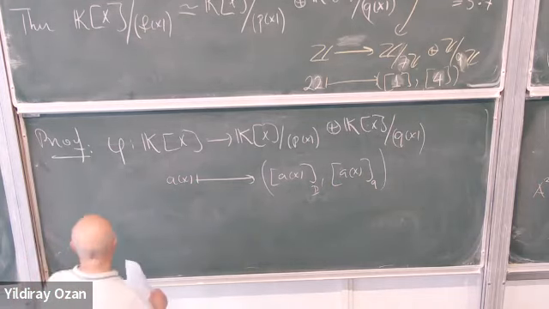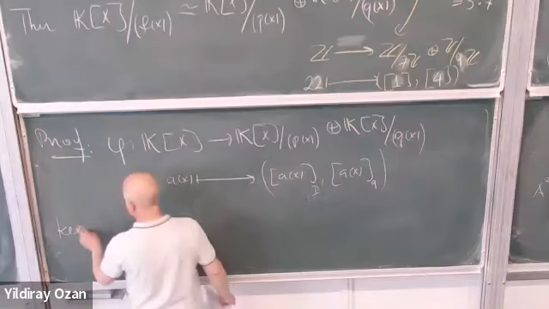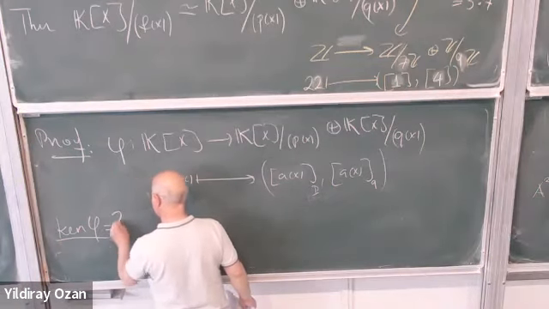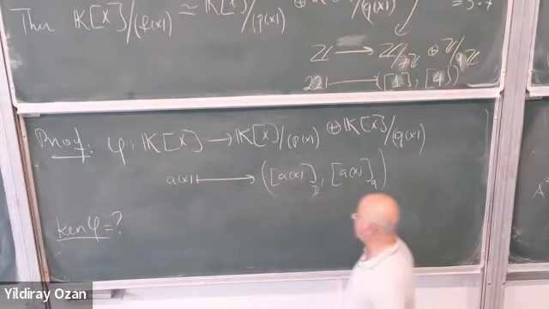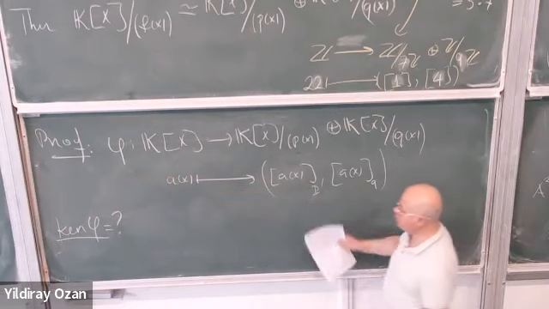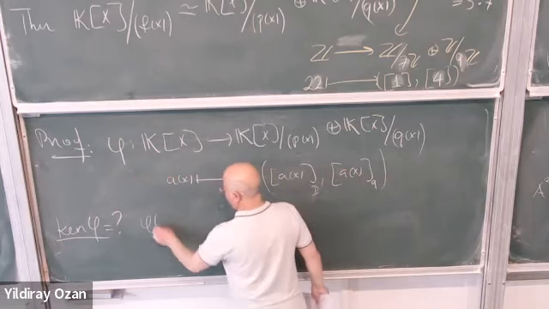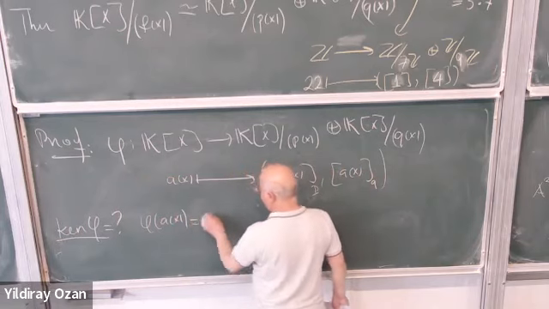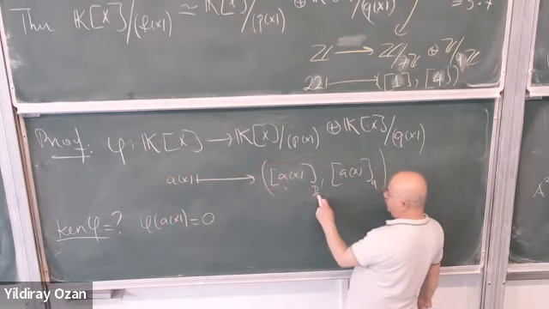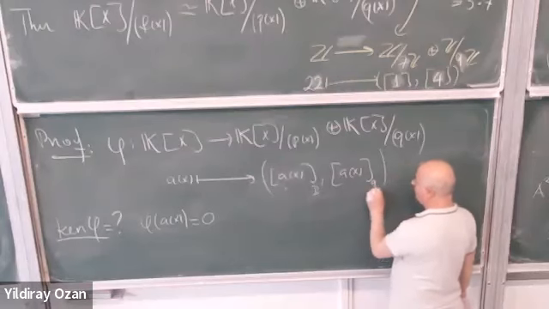İlk önce şey yapalım. What is the kernel of this map? Well, if it is in the kernel, so if a(x) is equal to 0, then it should be 0 here, modulo p and modulo q.